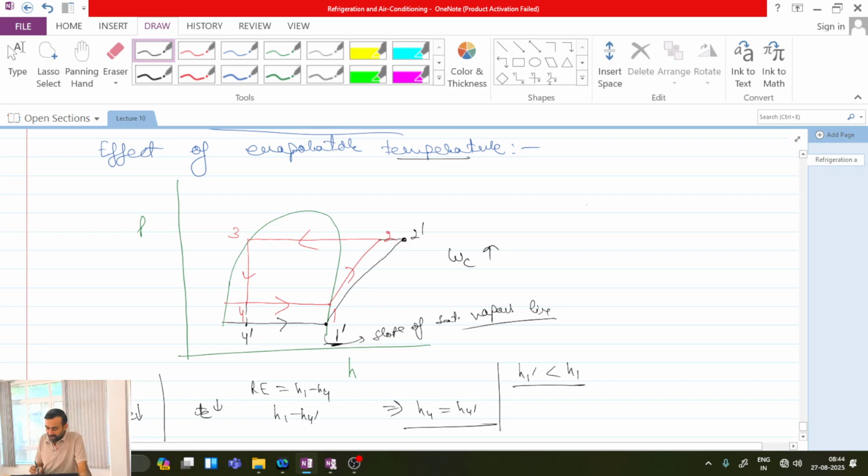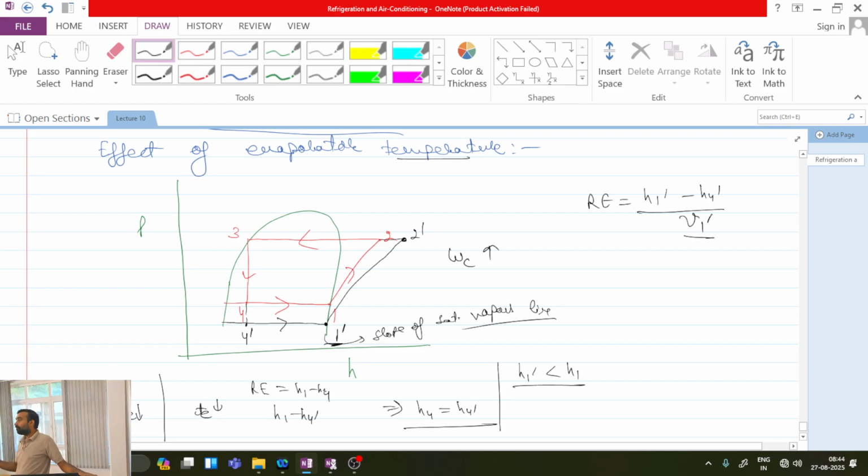Please tell me. I have defined one term, which was the volumetric refrigeration effect. Earlier your volumetric refrigeration effect was H1 minus H4 by nu 1. Now it is H1 dash minus H4 dash by nu 1 dash.